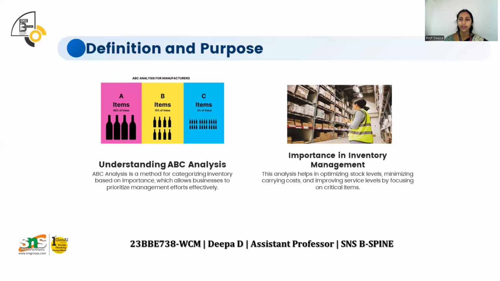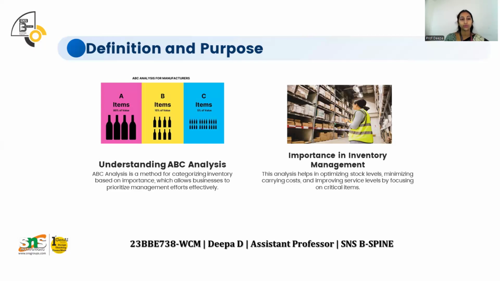We can categorize easily, right? And then minimizing carrying cost. You need not spend too much on all kinds of goods. When you treat all goods in an equal manner, that might lead to heavy cost for you. And next is improving service level.